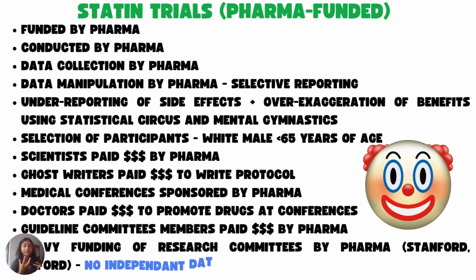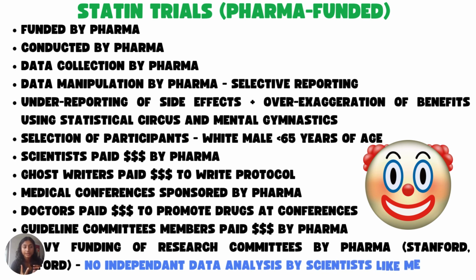So once they get the data, they manipulate it, they report things that they want to report. For example, if someone has a side effect or an ill outcome, those people will drop out of the study, and we never know what happened because that's not recorded in the results. That's underreporting of side effects and over exaggeration of benefits using what I like to call statistical gymnastics, mental gymnastics.